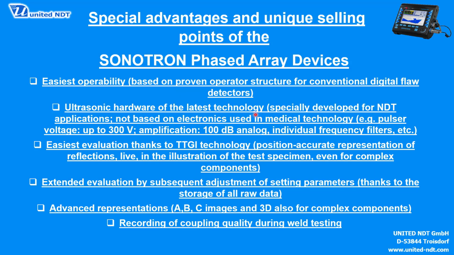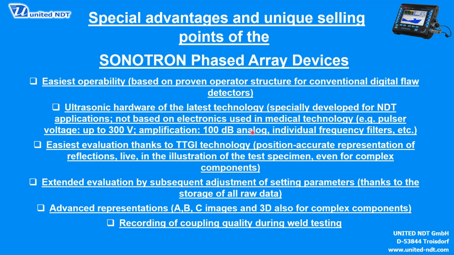Ultrasonic hardware is of the latest technology. It's specially developed for NDT applications, not based on medical technology. We have a pulsar voltage which is up to 300 volts. Amplification is 100 dB analog. It's analog. Very important to understand, because others have maybe 120 dB, but 60 dB is analog and the other 60 dB is digital.